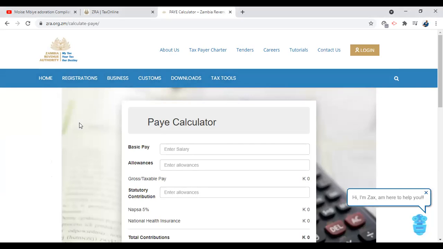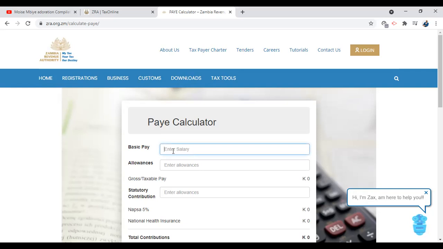Are you able to see the calculator? Yes, I'm able to. Okay. So all you need to have in your possession is somebody's pay slip or the pay information as per your organization's payroll. So you just put the basic salary.